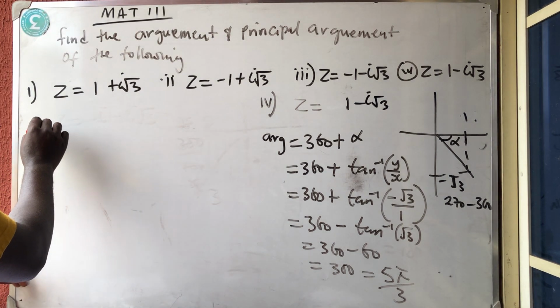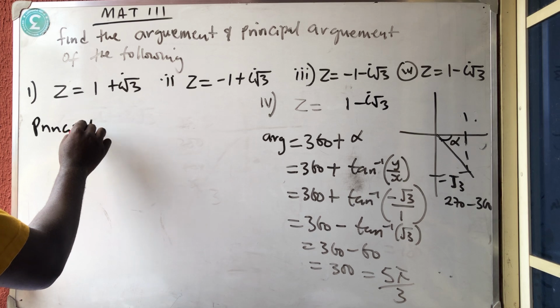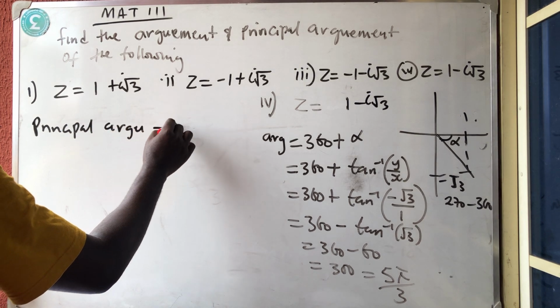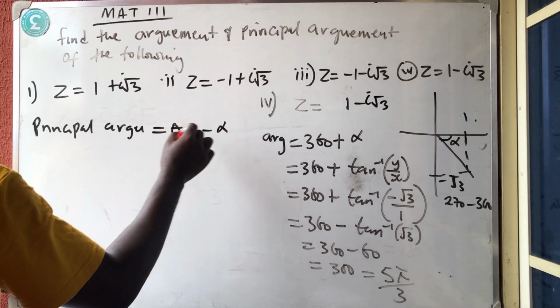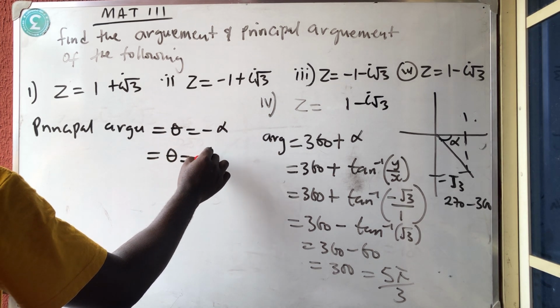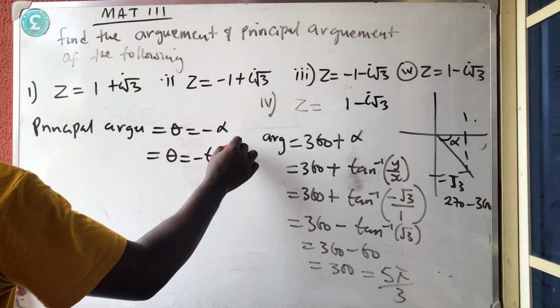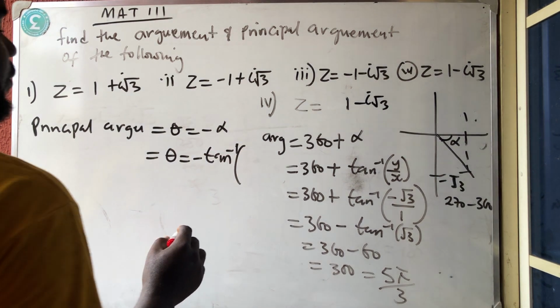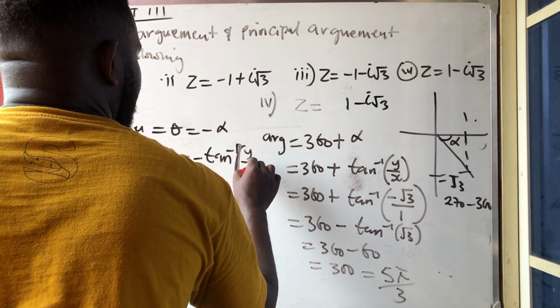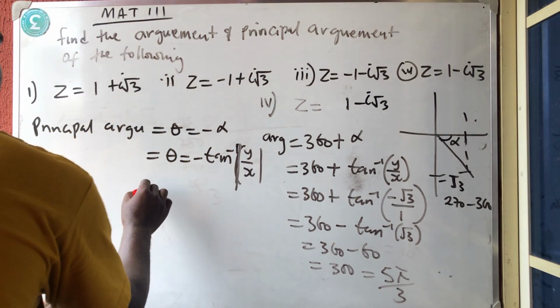So principal argument theta is equal to minus alpha. So theta is equal to minus tan inverse of the absolute value of y over x. Okay, so what do I have now?